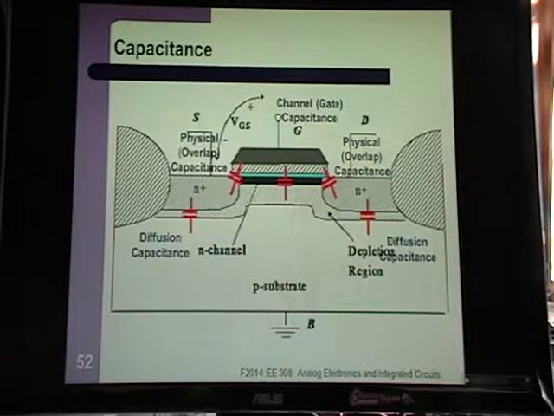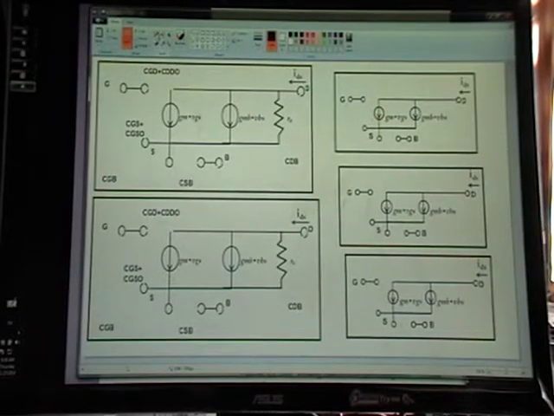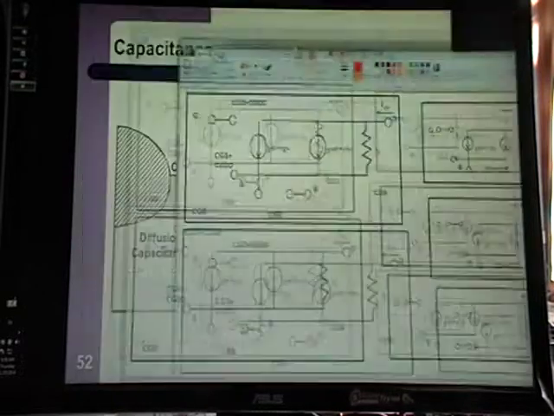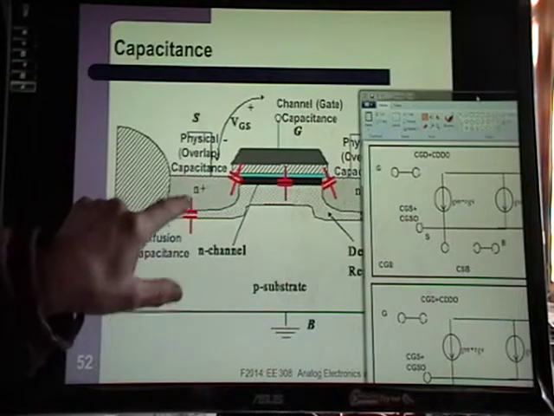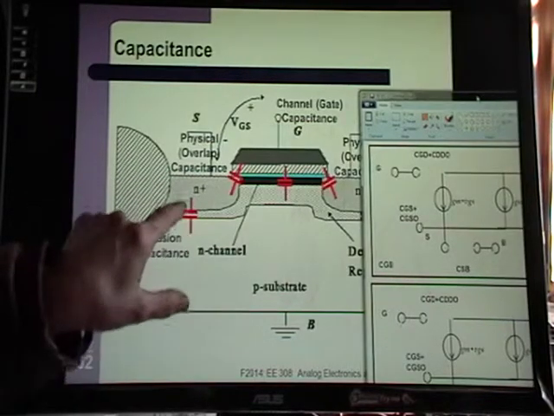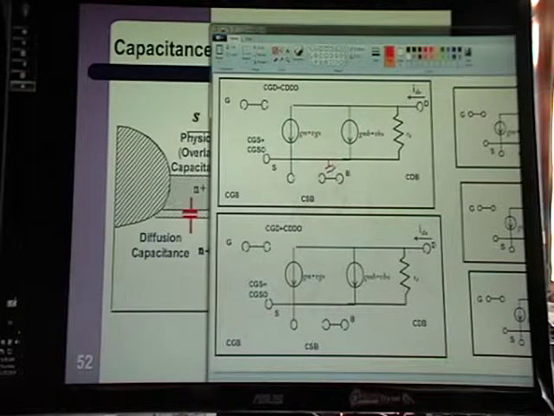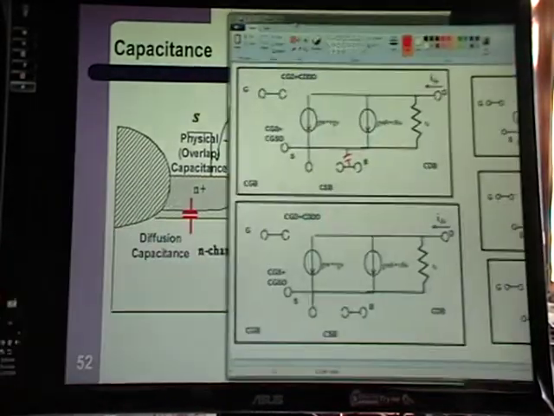And if you drew them in on the actual small signal model, what you got was a source to substrate, source bulk capacitance, and a drain bulk capacitance.